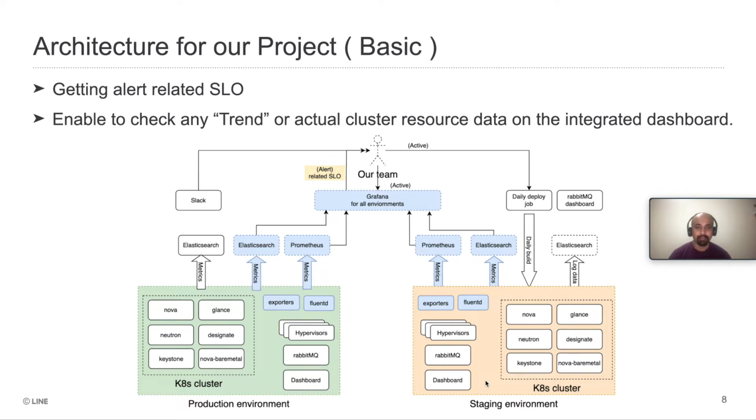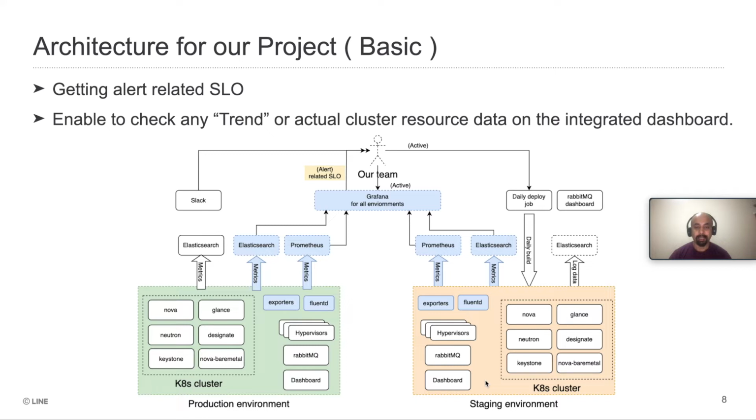So the basic architecture is represented here. As you can see, we have two different types of environments mentioned here, but actually it's more than two environments. We have just shown it for demonstrative purposes. So we have the Kubernetes cluster, we have hypervisors, messaging queues, as well as a user interface on the production side.